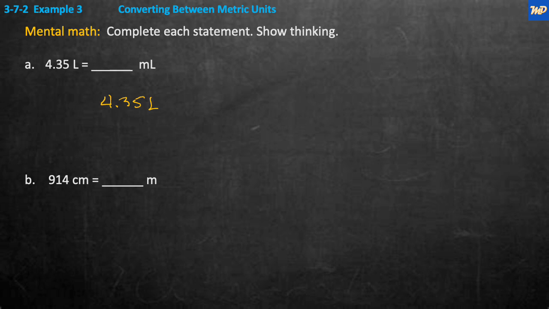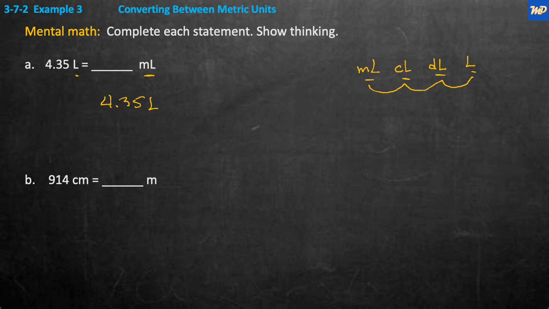So my thinking says I'm going to start with liters way over here, and then I'm going to go to DL, and then to CL, and then to ML. So that's liters, deciliters, centiliters, milliliters, because they want us to go to milliliters right here. They want milliliters, and we're leaving liters. So as you go from liters to the left, you count the places, 1, 2, 3, and each one is 10 times.